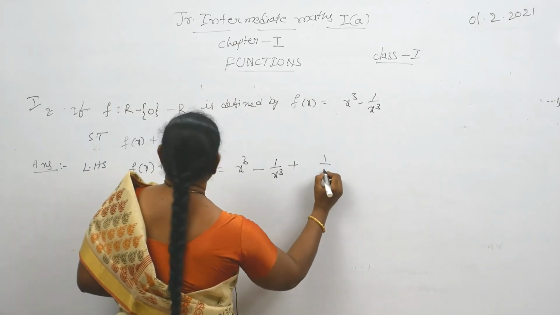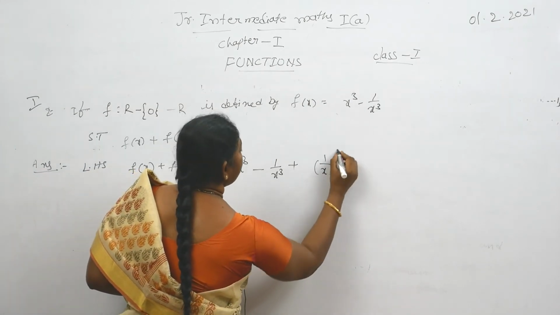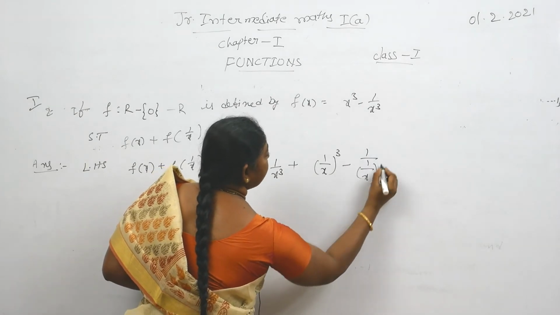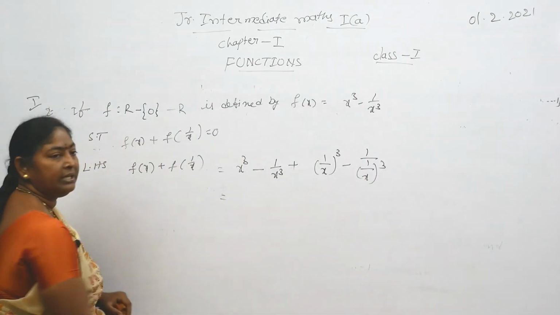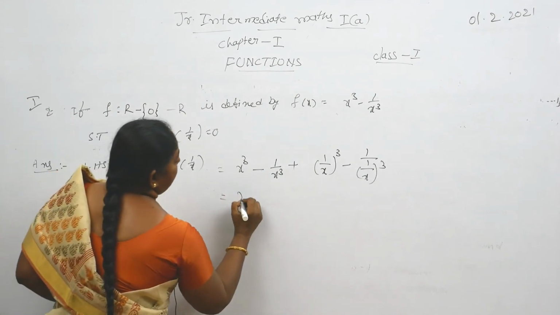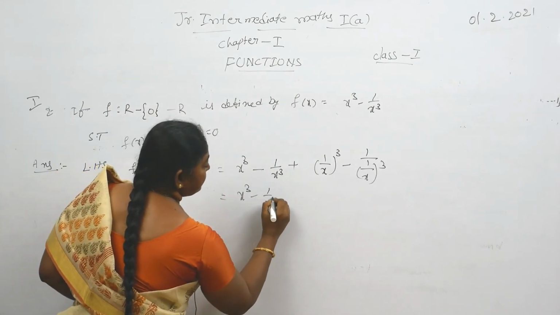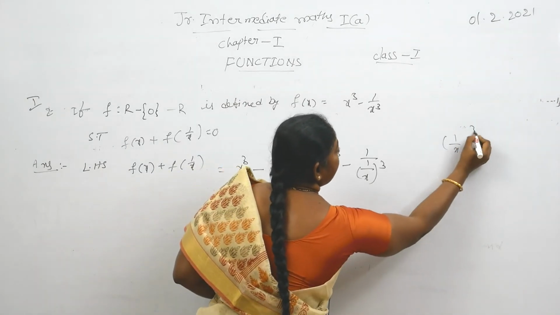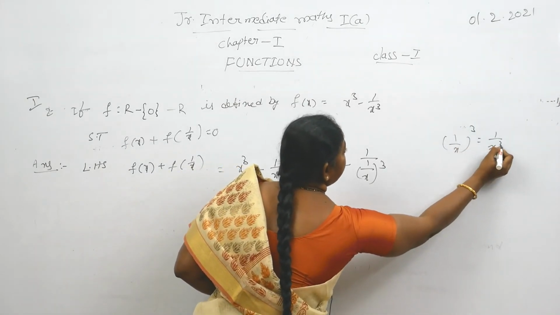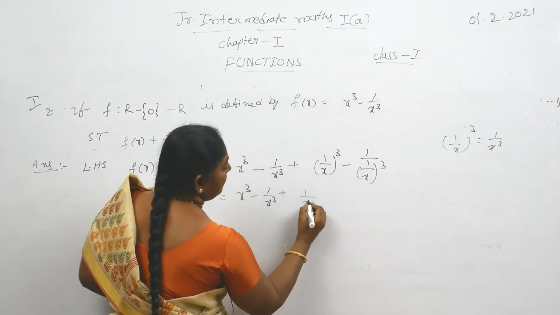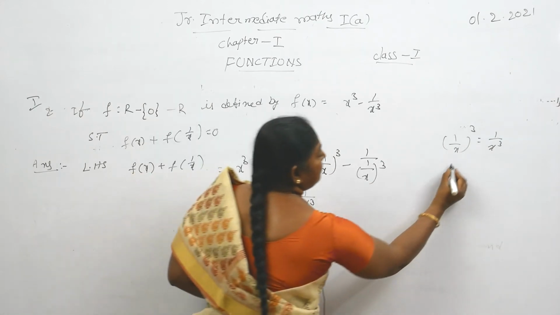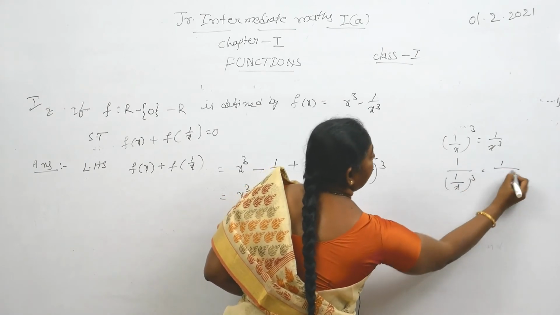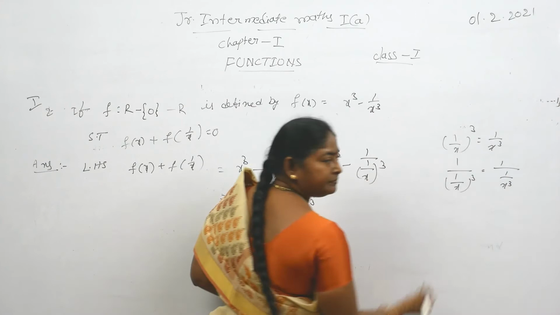So 1 by x whole cube minus 1 by x whole cube. So here x cube minus 1 by x cube plus 1 by x whole cube. 1 by x whole cube equal to 1 by x cube.